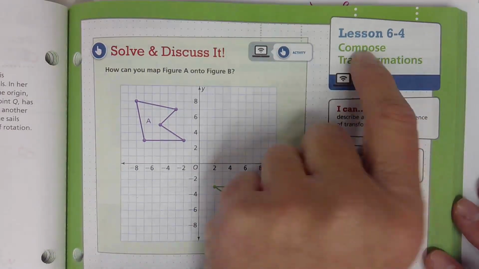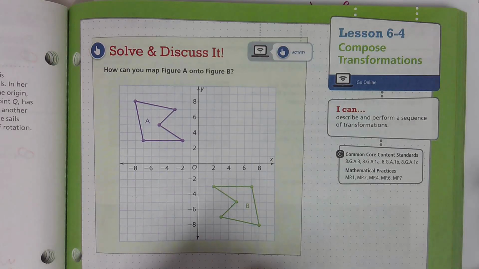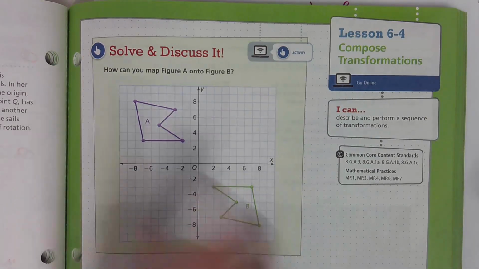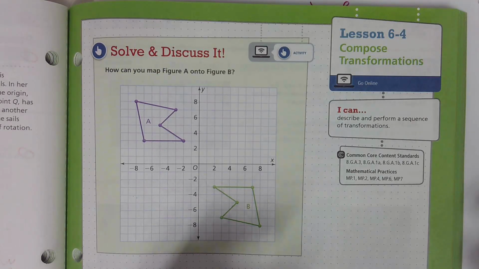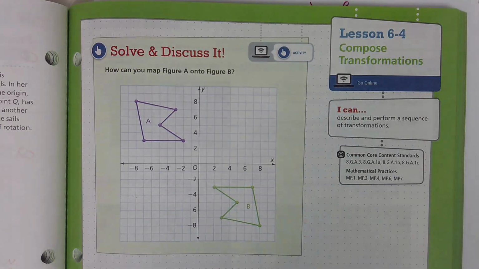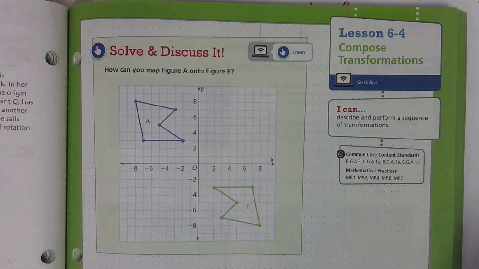So this lesson is really just kind of compiling the last 3 lessons. We're talking about transformations, and it might be a reflection, a slide, or a rotation. They're giving you some problems where you need to tell me how, let's say, ABC was translated to ABC prime.